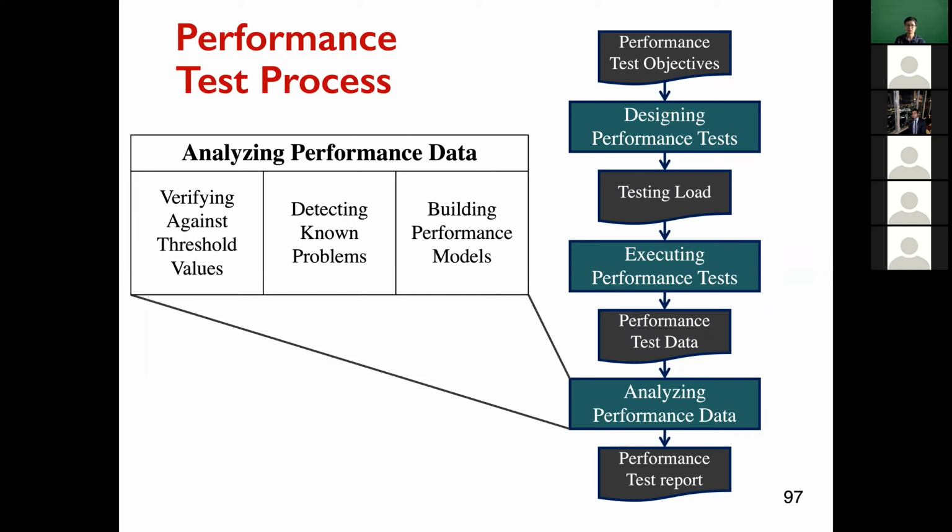That's a threshold. We also want to detect problems, failures, and performance bugs, right? That's why we want to build performance models. Such models can help us understand the performance of the system, identify bottlenecks, identify improvement opportunities, and identify performance regressions as well.